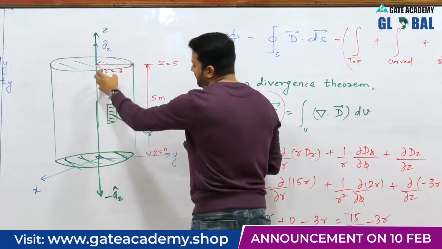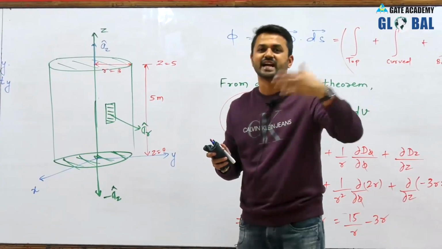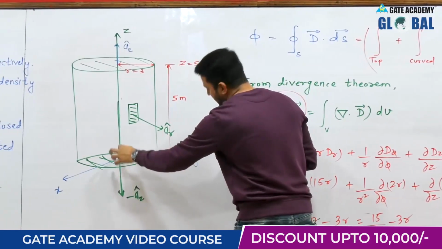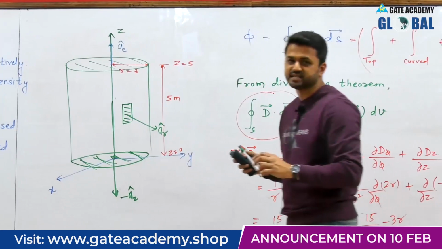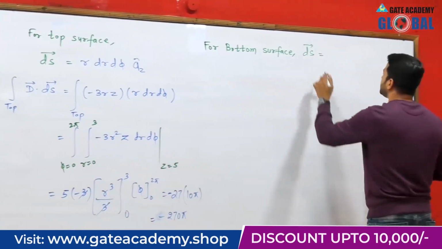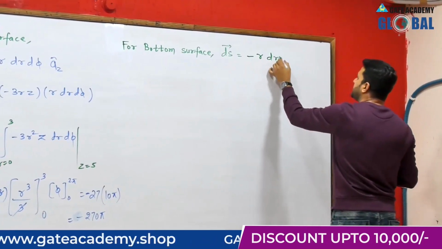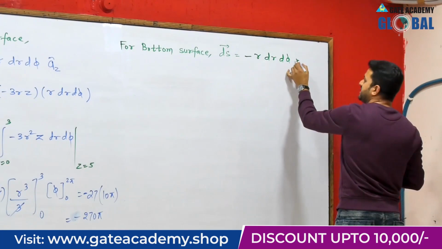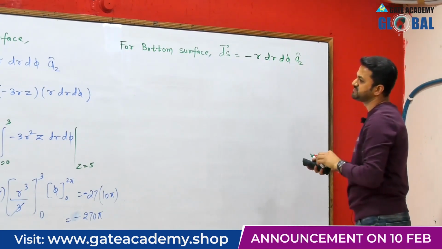If you go upward, that means you are going inside the volume, but we have to move from inside to outside, that means in the negative direction, that is minus az, and that is the perpendicular direction. So the differential surface is minus r dr d phi az. This direction az is minus, that's why here it is minus sign.